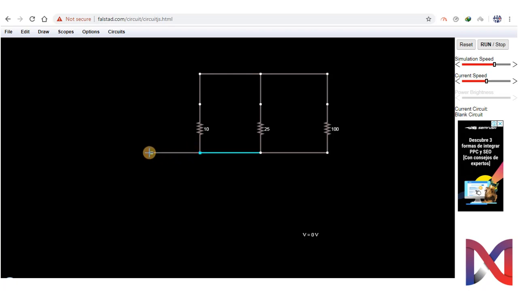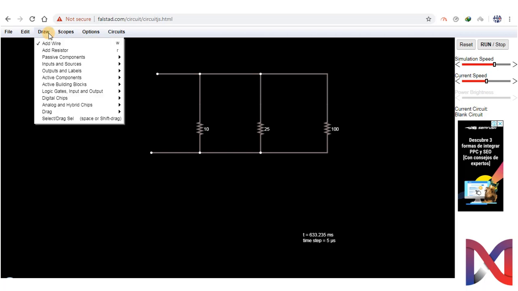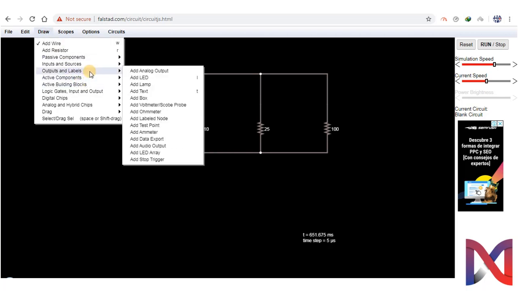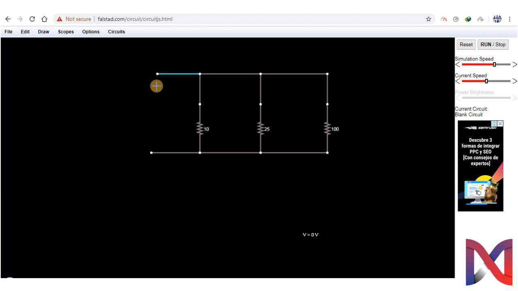So we put our 2 terminals for connecting the ohm meter first, and later on we will add our voltage source. So we go to draw, outputs and labels, and place the ohm meter here. Placing the ohm meter here, we can see that our equivalent resistance is 6.67 ohm, which is exactly the same as we got during our calculation.